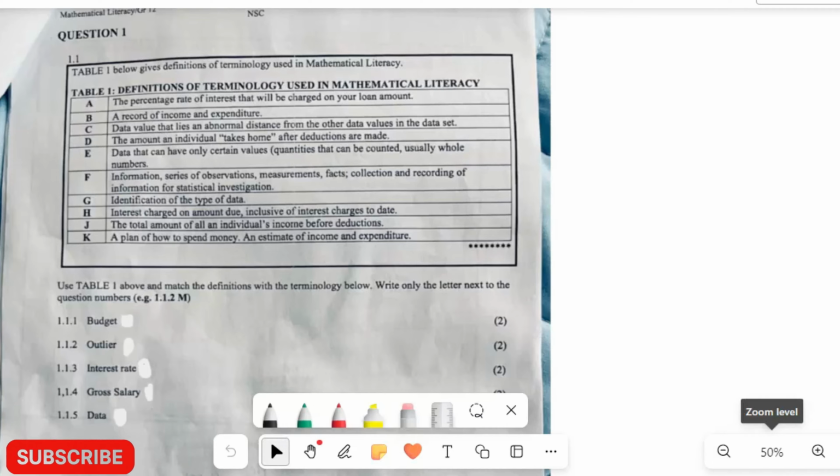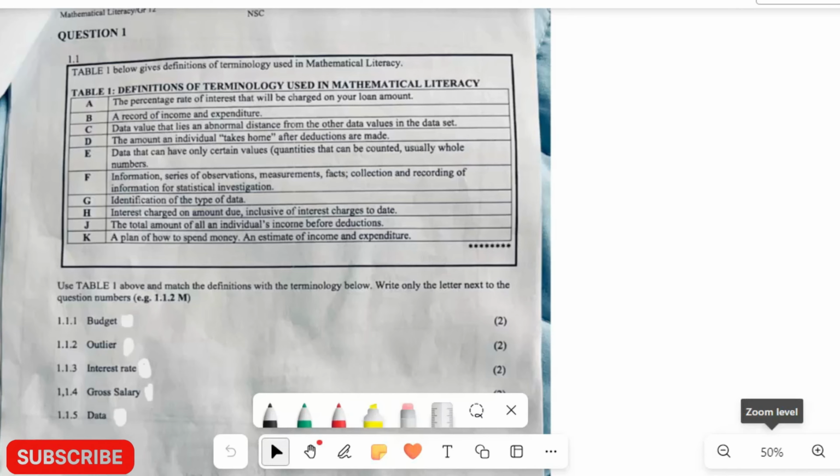Data that can have only certain values. Quantities that can be counted, usually whole numbers. That's on E. And F is information, series of observations, measurements, facts, collection and recording of information for statistical investigation.